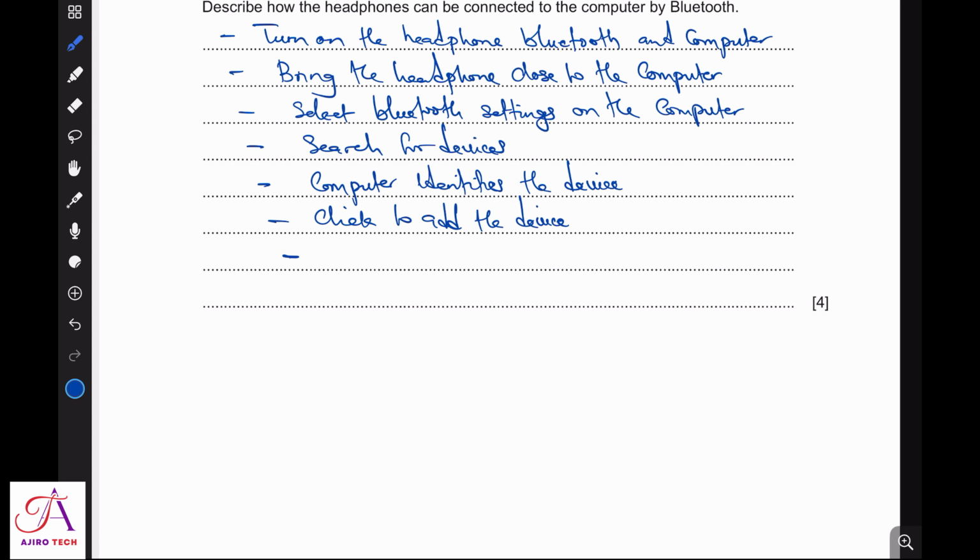Search for device. Identify the device. Click to add the device.